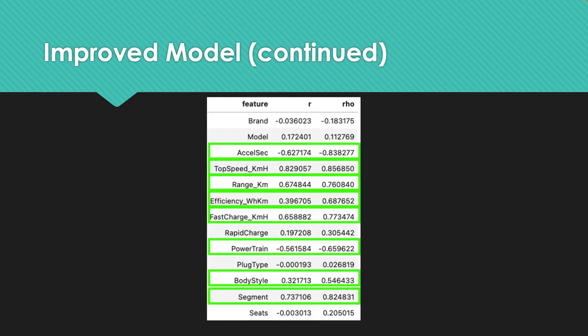Instead, I decided to look at the correlation for each of these variables with price, and I decided to remove all variables with less than 0.2 r squared. So the variables highlighted in green here are the ones that I kept in my improved model.